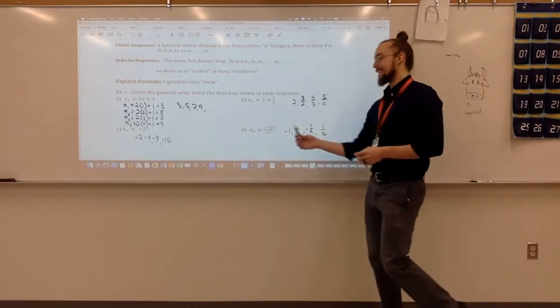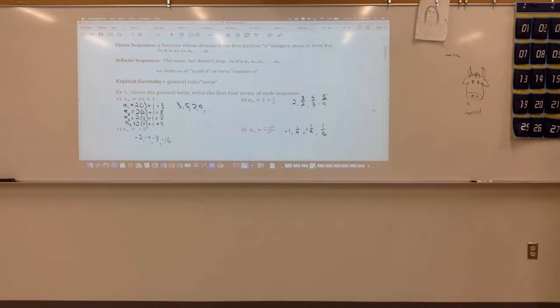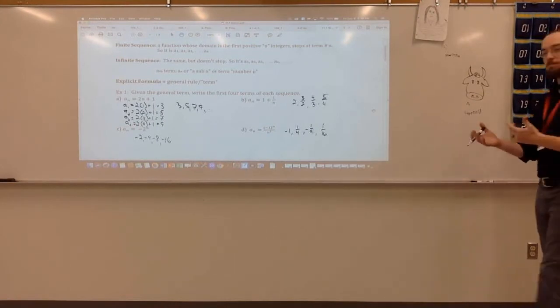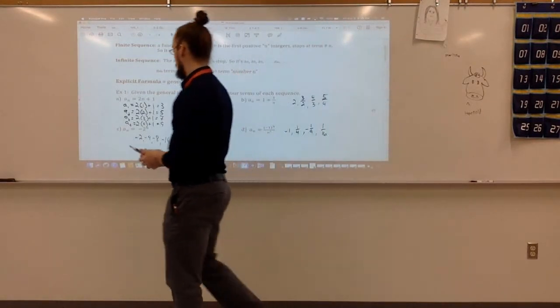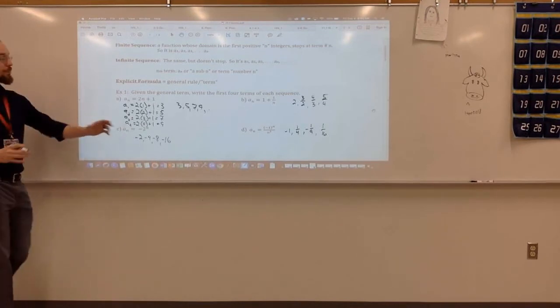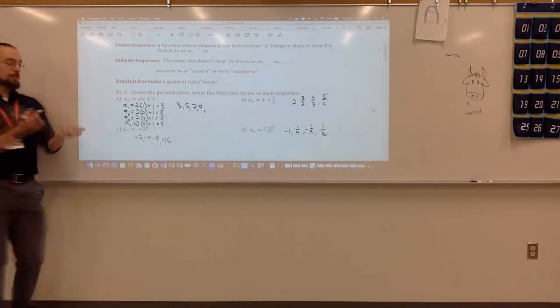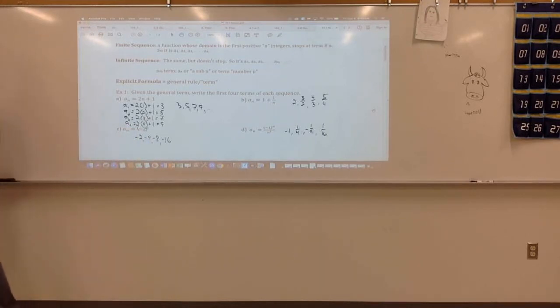Alright, did we get these values for B, C, and D? Okay, on C, is that a negative part of, like, the negative 2? So if it were -2 to the n power, we would have to have parentheses around the -2.